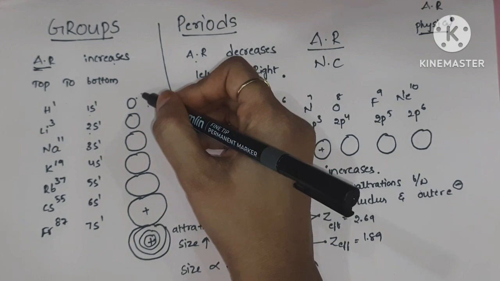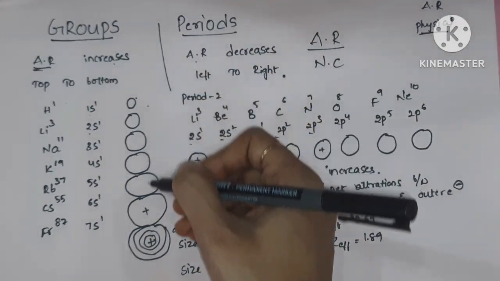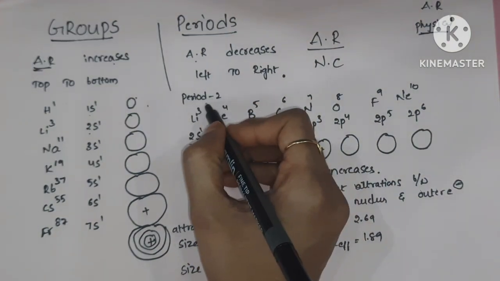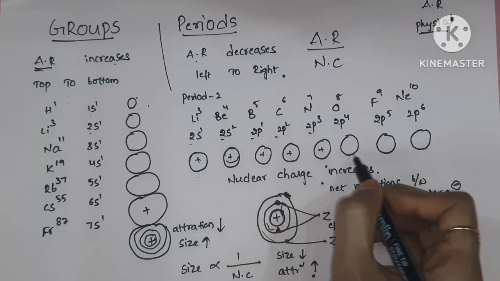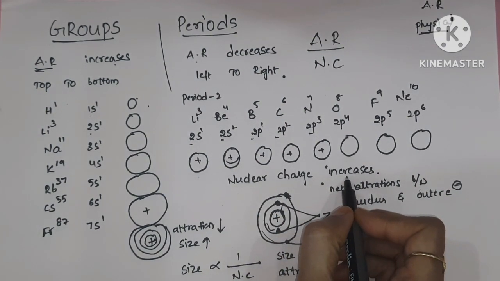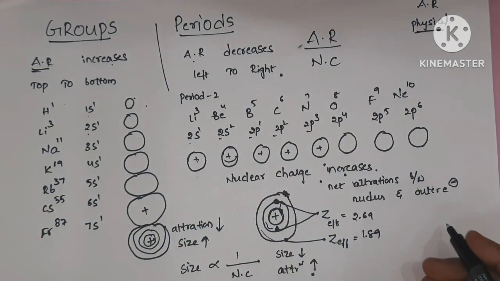So in groups, from top to bottom, size increases, which means attraction decreases. But in periods, size remains the same, so attraction increases. This is the big difference between groups and periods.